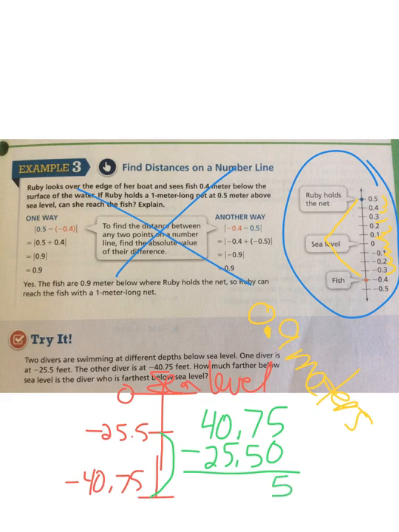And if we subtract, we get 15.25. And we know that that distance between them is going to be a negative distance. That's what our picture, I think, helps with. How much farther below? He is negative 15.25 feet further below sea level.